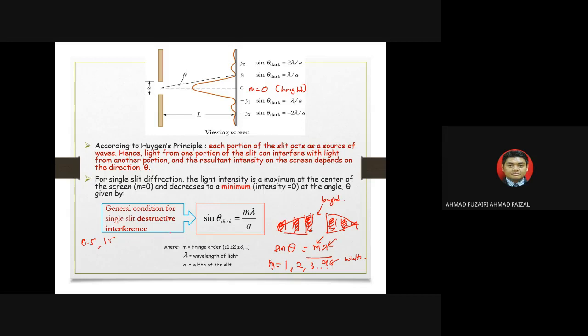But for the diffraction, the destructive interference starts at 1, 2, 3, and so on, and -1, -2, -3. That will be the main difference between the diffraction and the interference of the double slit experiment.